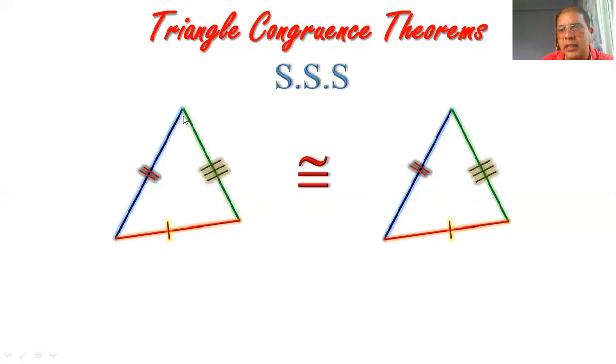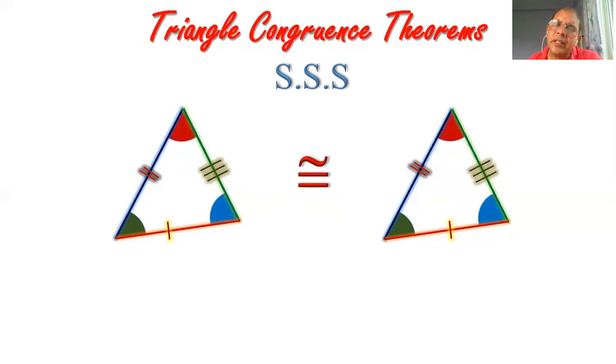These two angles are said to be corresponding angles. Similarly, the opposite of green is this one, and the opposite of green is this one. So these two angles are also equal. And lastly, this angle is opposite of blue, and the last one is also opposite of blue. So these angles are equal. Now look here. This angle is equal to this angle, this is also equal to this one, and the last one is equal to the last one.